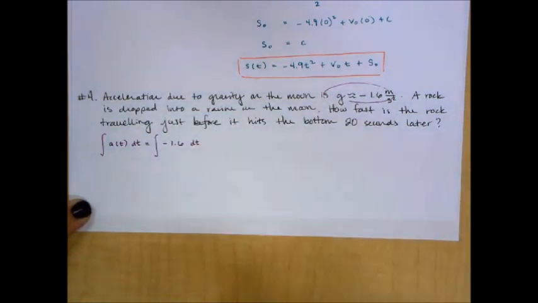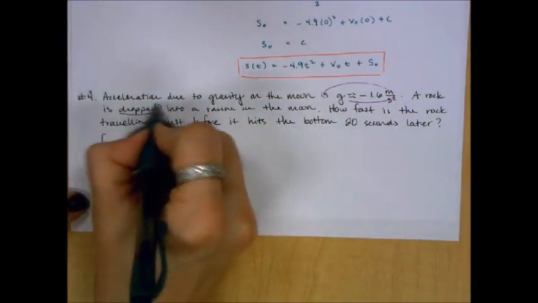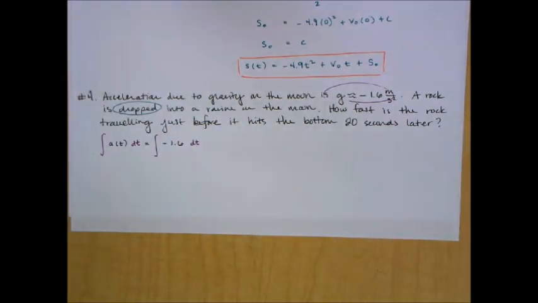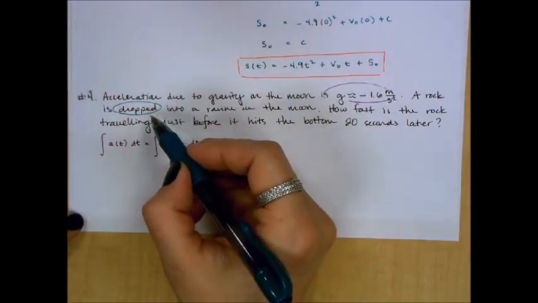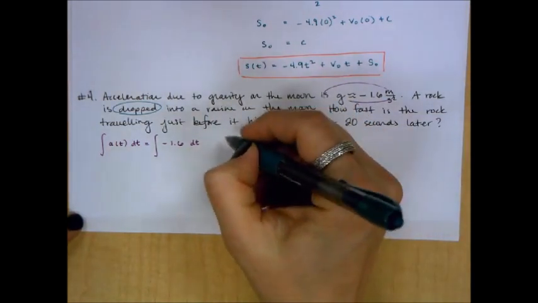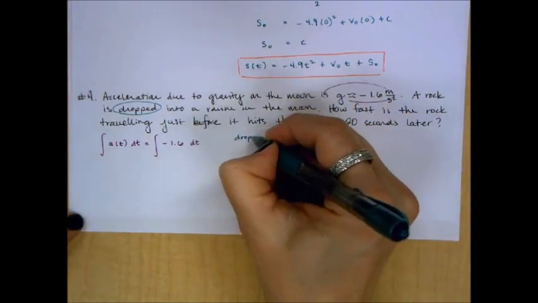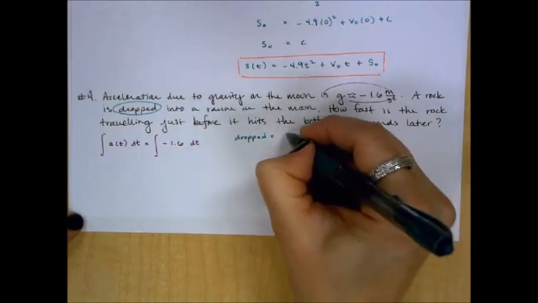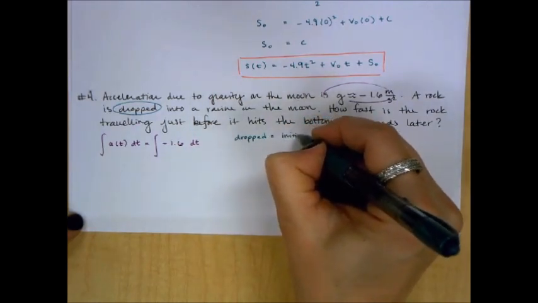So it tells us a few things here in this problem. The rock is dropped. So hopefully you'll remember from Unit 3 that if we drop something, it has an initial velocity of 0. So what does that tell me?